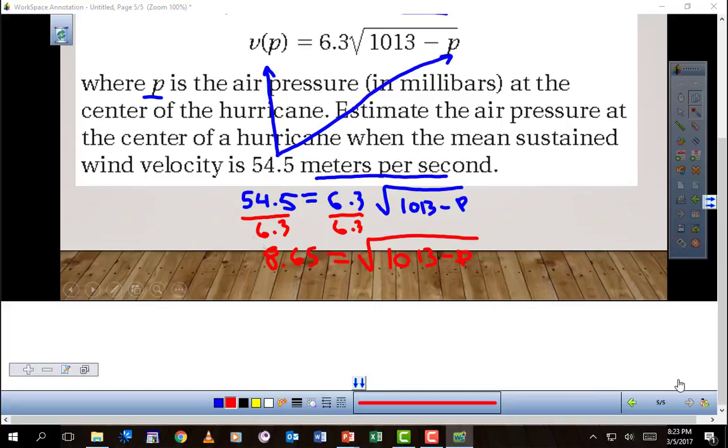Okay, so then the next step is to square both sides. So I'm going to square this side and square this side. And of course the square cancels out the square root. And so I have 1013 minus p. Now let's see here.